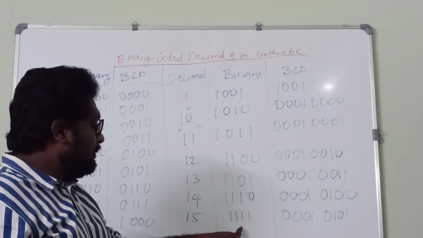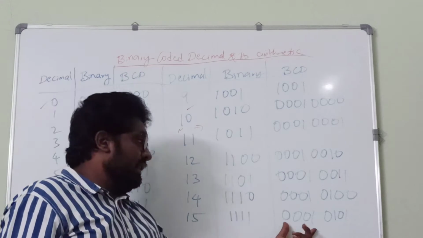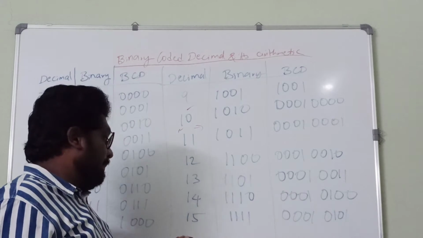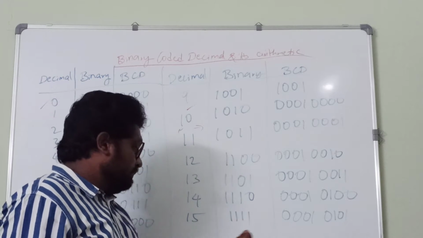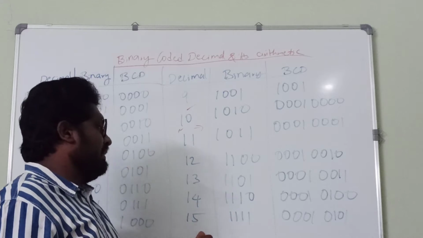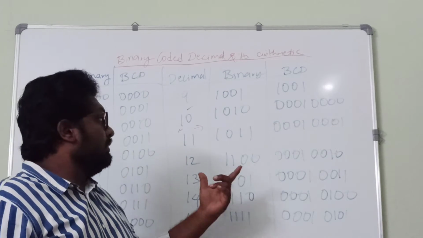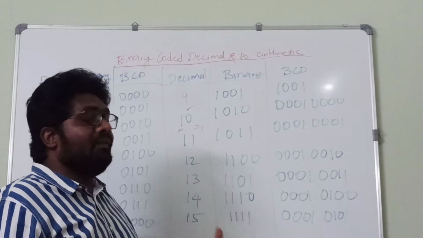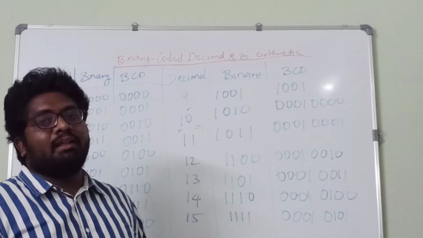For 15, the binary representation is 1111, while the BCD representation is 0001 for 1 and 0101 for 5. So this is the table showing the difference between a binary number and a BCD number.